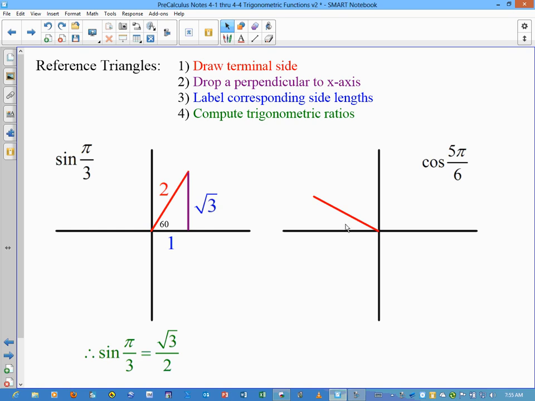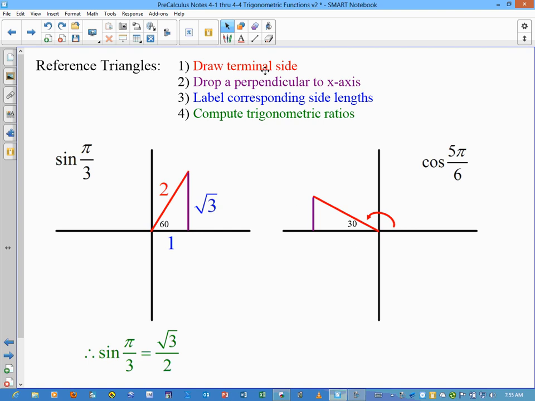Hopefully you recognize that 1/6 of pi, or pi over 6, is 30 degrees. So when we drop our perpendicular, this is again going to be a 30, 60, 90 triangle. And although 5 pi over 6 is this angle, we can use the reference triangle and the reference angle to figure out the trig ratio.